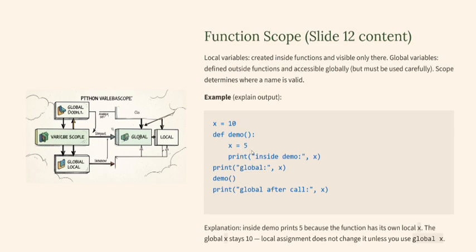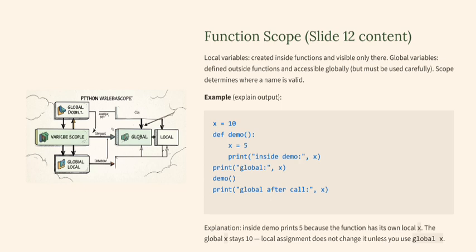Inside the function, we create another variable with the same name. Now there are two different variables: global x is equal to 10 and local x is equal to 5. When we print x inside the function, Python uses the local variable. When we print x outside the function, Python uses the global variable.